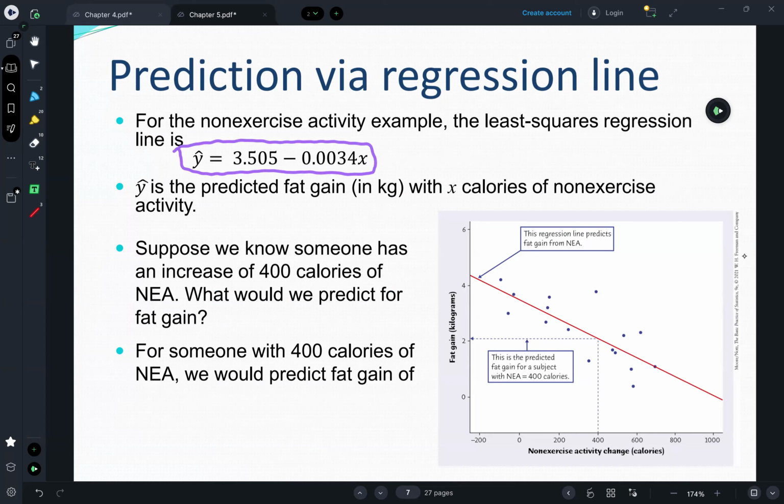They came up with this line, 3.505. That would be our a, our intercept. And this value here would be our b, which is our slope.